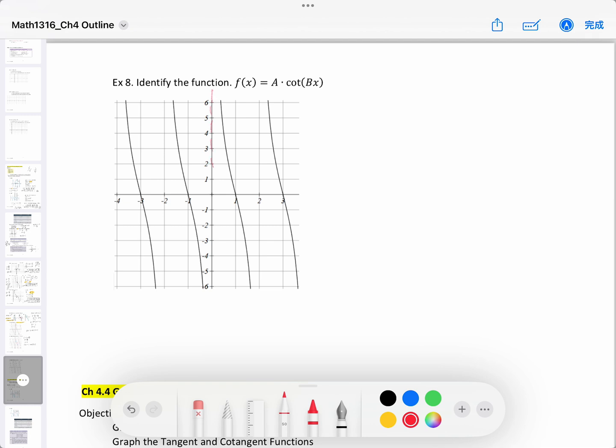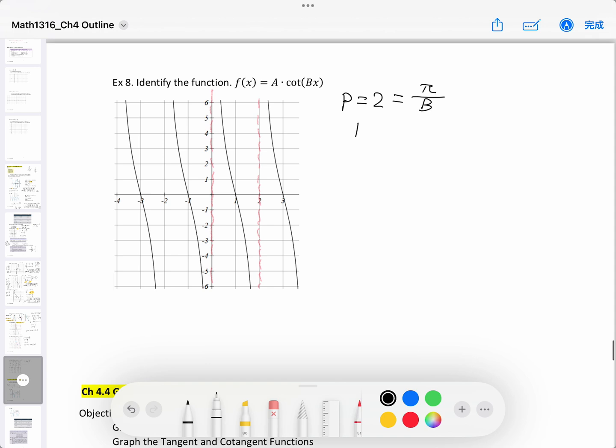I gave you a lot of examples about the cotangent; you also have to find the tangent. Can you decide the one full cycle? Yes, from 0 to 2. So the period is 2. The formula of the period is pi over b, so b is equal to pi over 2.